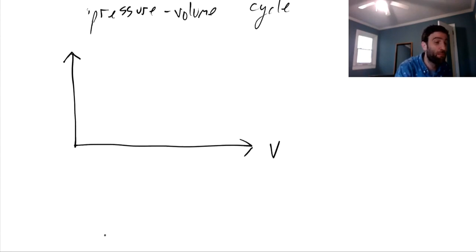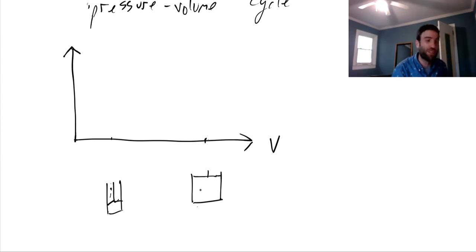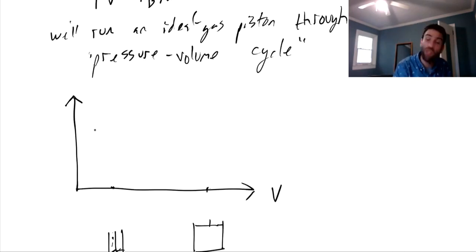Having a volume over here, a small volume, that means maybe the piston is mostly compressed down like this. And having a volume up here, that's like the volume has been allowed to expand quite a lot. I'm trying to draw these the same width. I'm bad at drawing. You get the idea. This piston is going up and down. When it goes up, the volume of the ideal gas inside the piston is bigger. And when I'm down here, the volume is getting smaller. So that's going to be the x-axis.